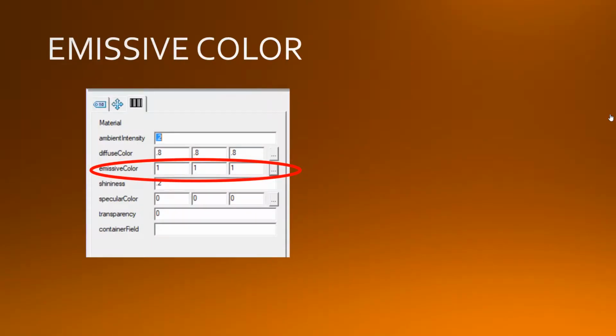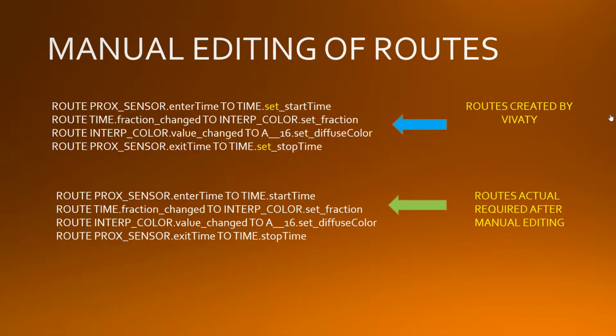Now in the emissive color, you change this from 000 to 111. That is very much important. And then you have to do some manual editing in the root. 4 roots are there, so you have to remove that set. In the first root, the root is proximity sensor, enter time to time dot set start time.